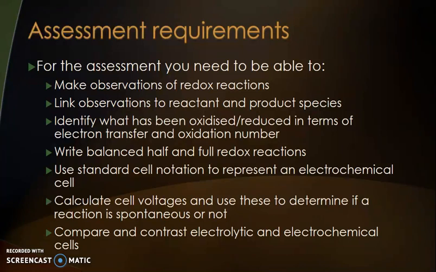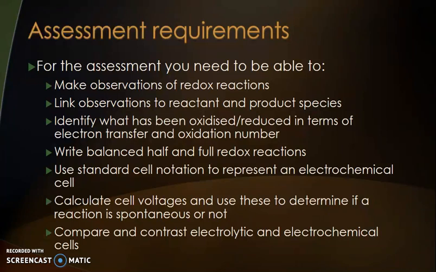You should be able to use the standard cell notation, that's the one with the single lines and the double lines, to represent an electrochemical cell. You should be able to calculate cell voltages using standard reduction potentials and use these to determine whether or not a reaction is spontaneous. And finally, you should be able to compare and contrast the processes associated with electrolytic and electrochemical cells.